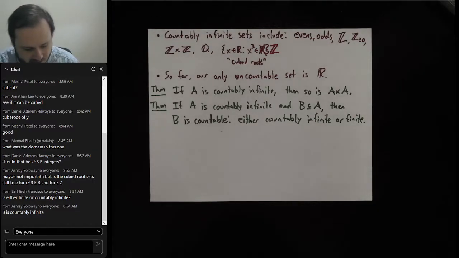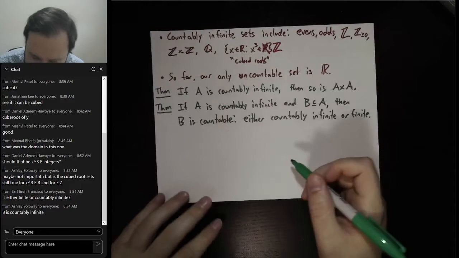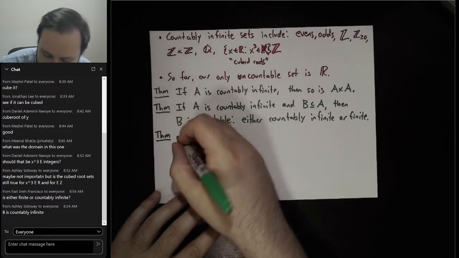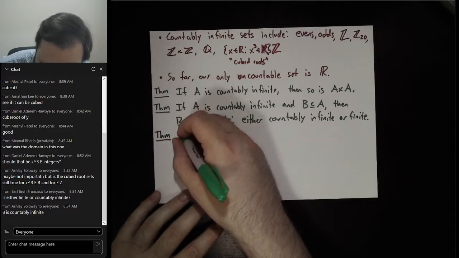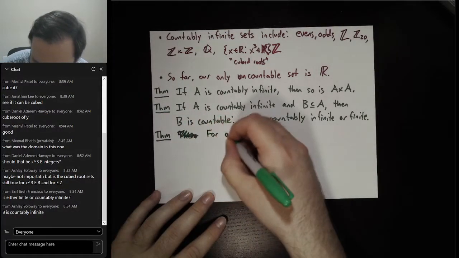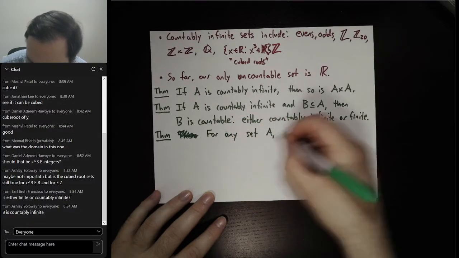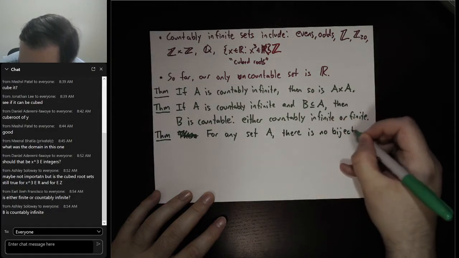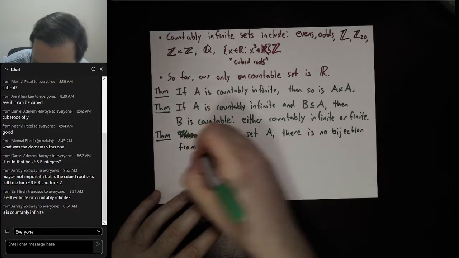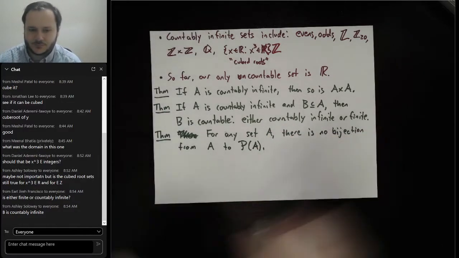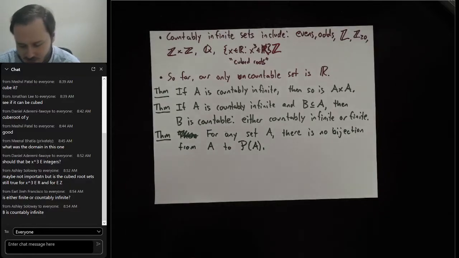And now this last one is I think a really interesting one. If we had more time, I'd love to prove it and talk about it, but there is no bijection for any set A from A to the power set of A. Any set A. Doesn't matter if it's infinite, finite, uncountable.